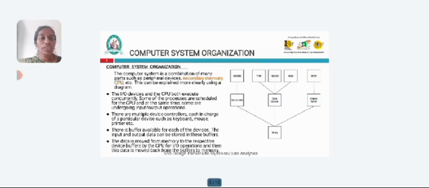There are multiple device controllers, each in charge of a particular device such as keyboard, mouse, printer, etc. There is a buffer available for each of the devices. The input and output data can be stored in these buffers. The data is moved from memory to the respective device buffer by the CPU for I/O operations, and then this data is moved back from the buffer to the memory.